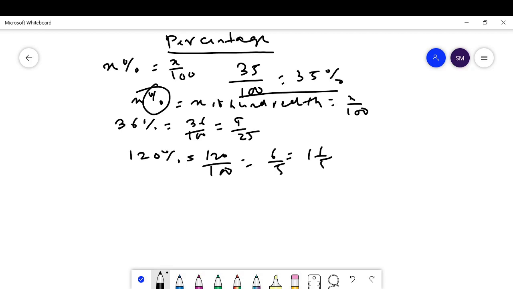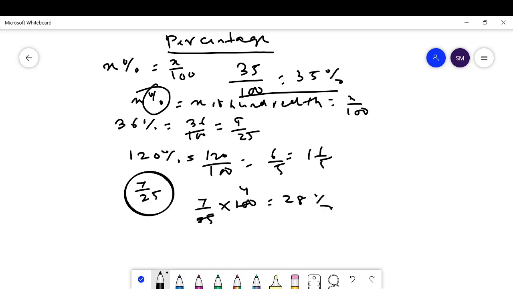Suppose you have to express 7 upon 25 as a percentage. Then 7 upon 25 is a fraction, and we have to represent it as a percentage. We simply multiply with 100. This gives 28%. Suppose we are given 5 upon 8 and we have to write it in percentage form.